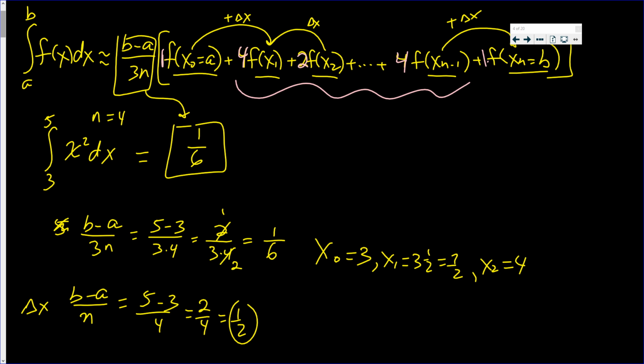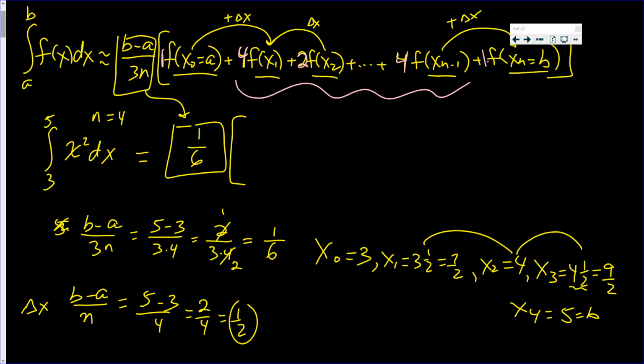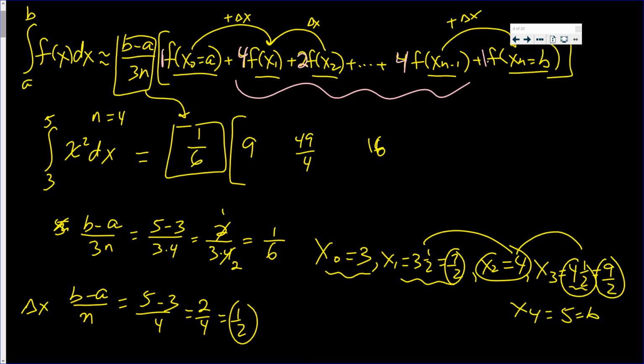Okay. So now I want f of these numbers. f of that number is 9. f of the next one is 49 over 4. f of the next one is 16. f of the next one is 81 over 4. And f of the next and last one is 25.